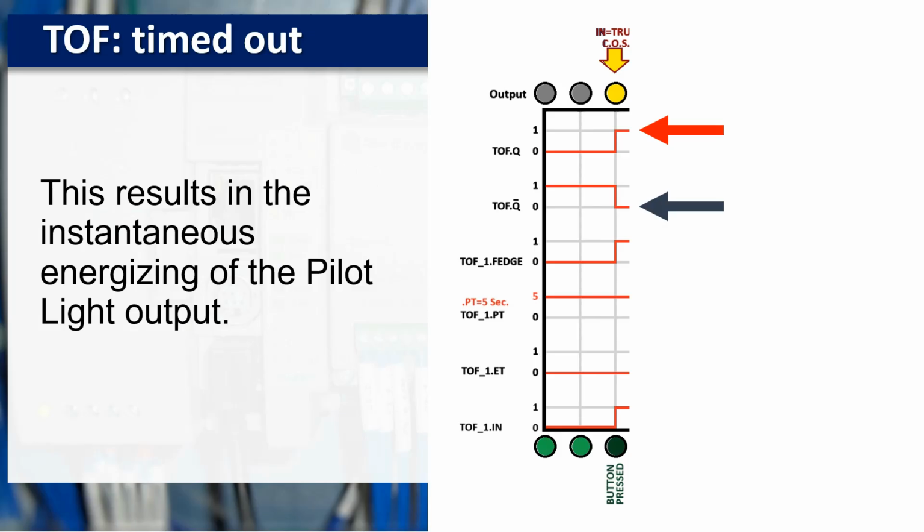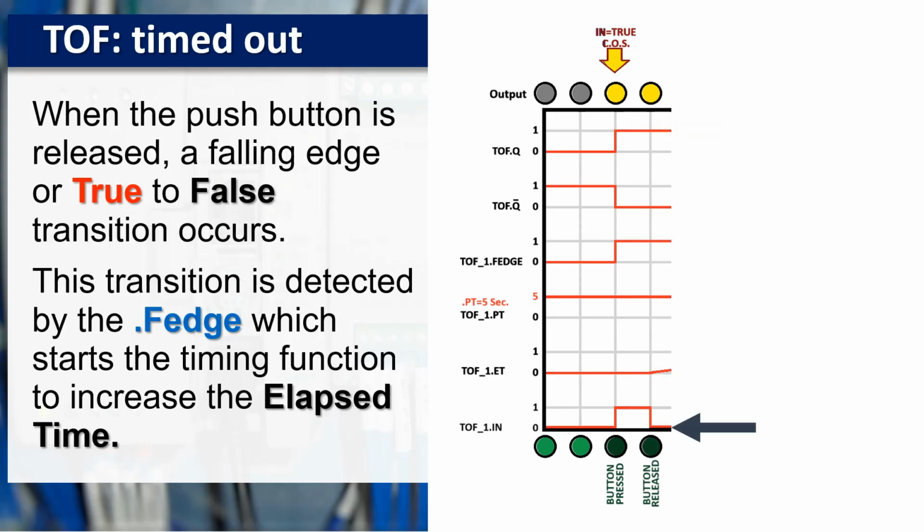Naturally then, it results in the instantaneous energizing of the pilot light output, and it will remain on. When the push button is released, a falling edge or true to false transition occurs. This transition is detected by the .fetch, which starts the timing function to increase the elapsed time.